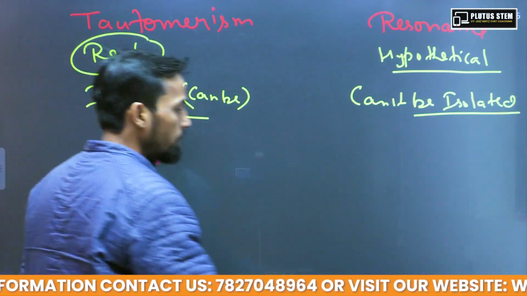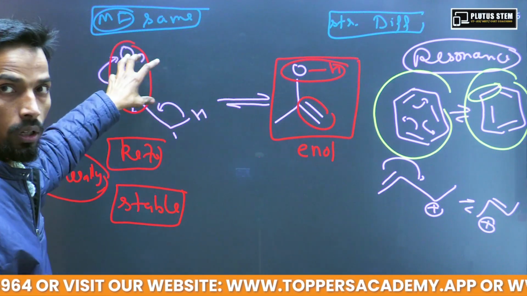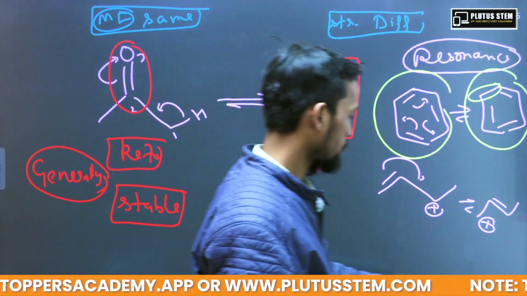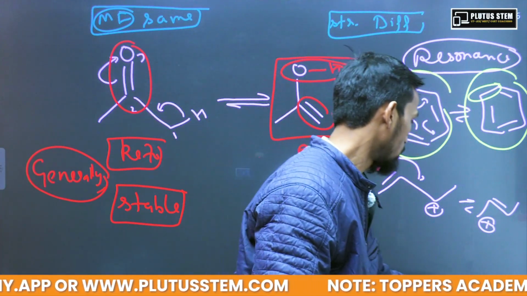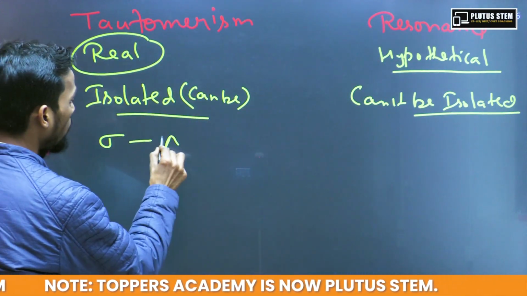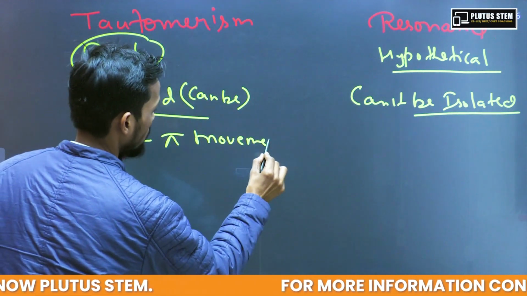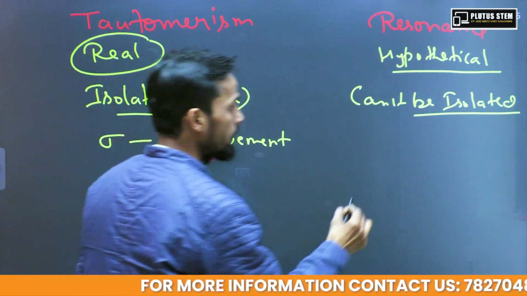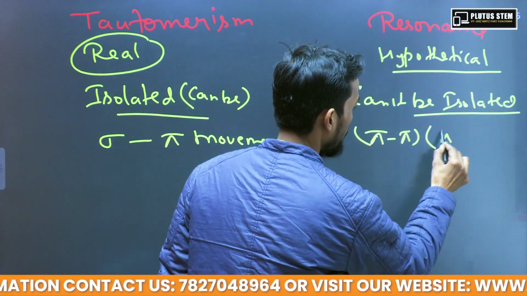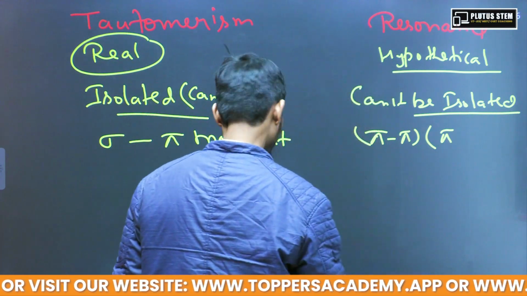And over here we have seen the movement of sigma bond and pi bond, sigma bond and pi bond movement or dislocation. But in resonance you will see pi to pi bond, pi and star to pi, sorry.